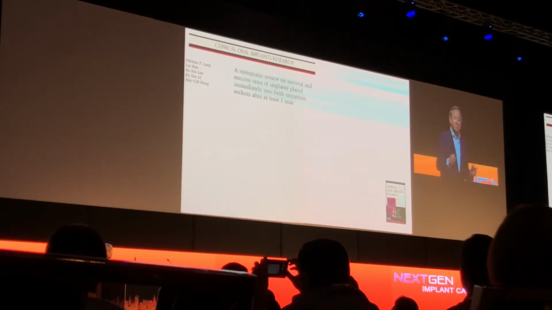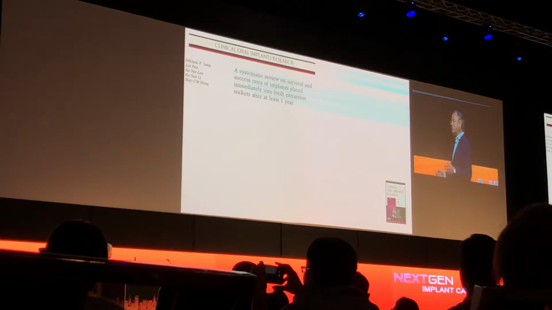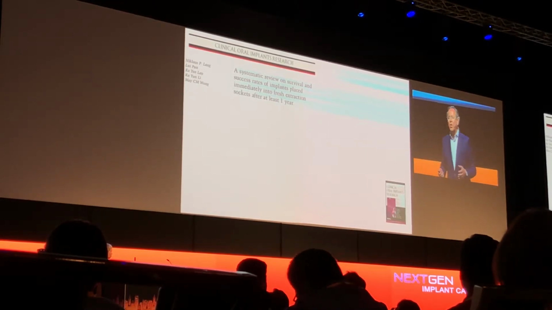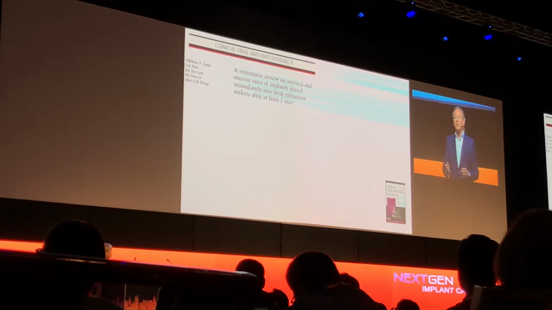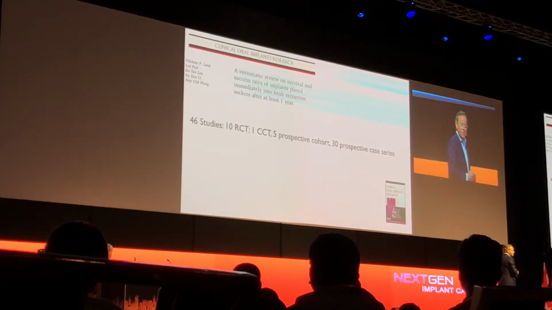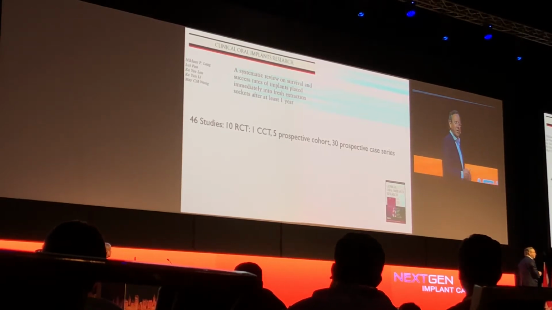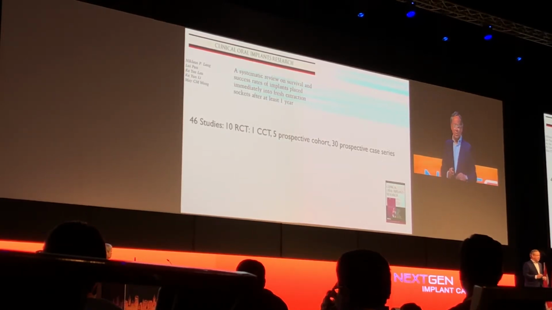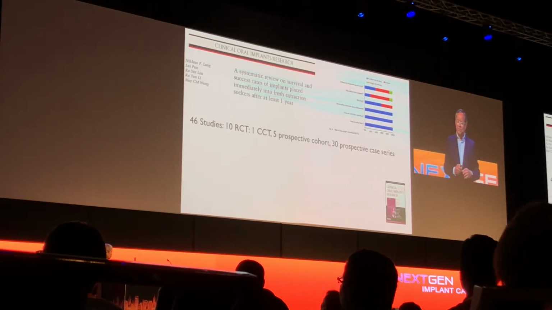Well, normally nowadays in medicine, in dentistry, we go to a systematic review where they have gathered, put together all the clinical trials on the subject. And this is what Professor Lang did some years ago, and he could identify 46 studies, out of them 10 randomized clinical trials and the rest prospective cohort series.